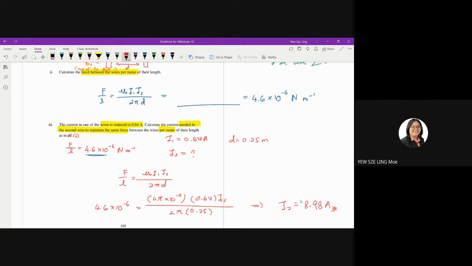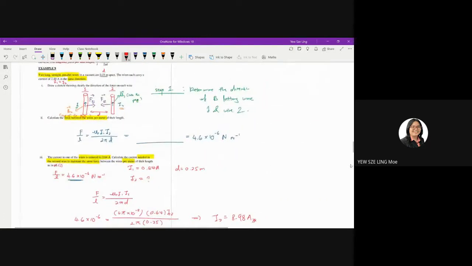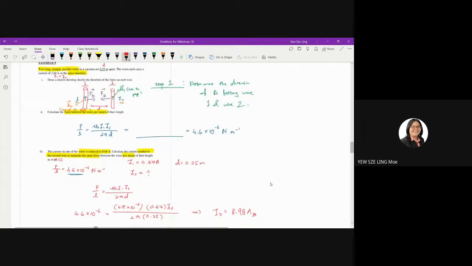So you need to increase it quite a lot in order to maintain the same force between these two wires.